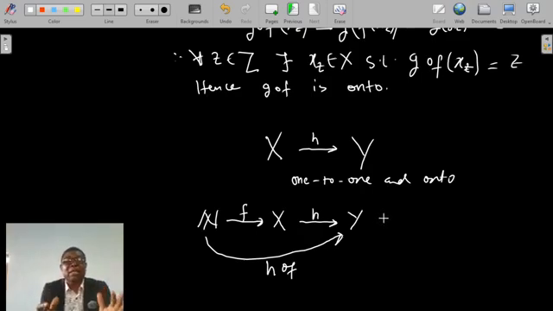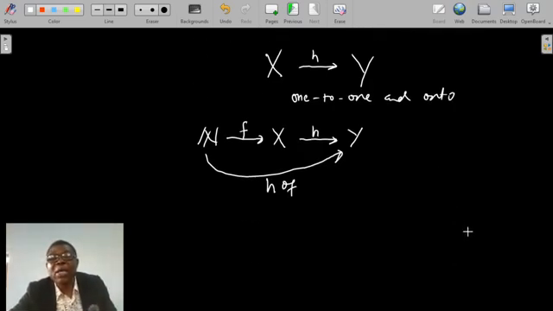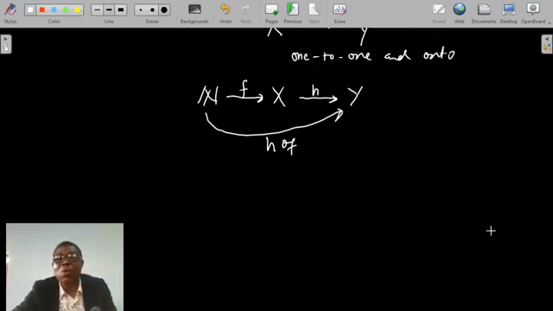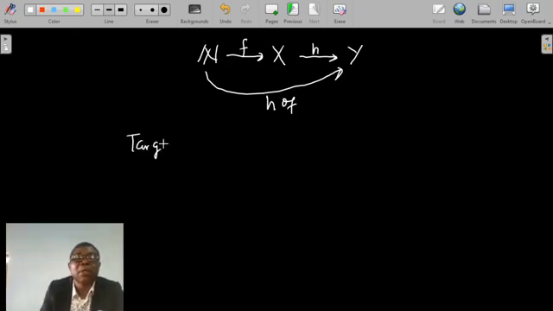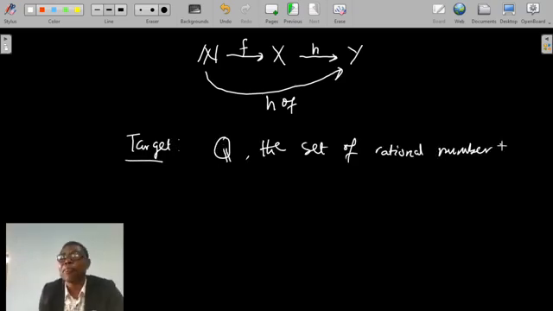So this particular thing, what I pointed out now, will help us in what I want to establish. And what I really want to establish, my target in this lecture, is to get the following. The target is to get that Q, the set of rational numbers, is countable.